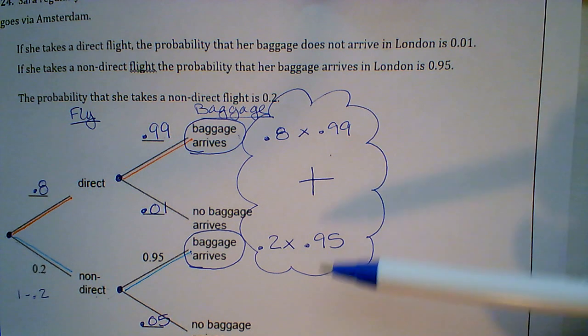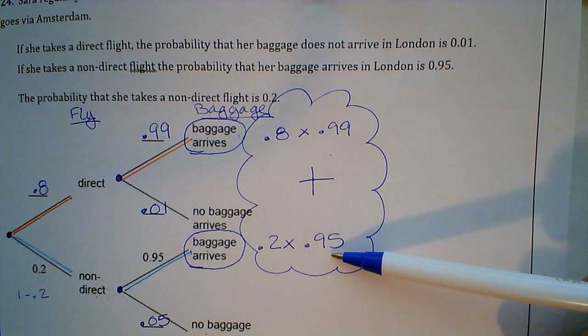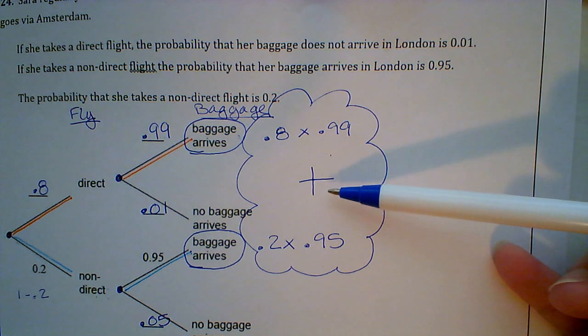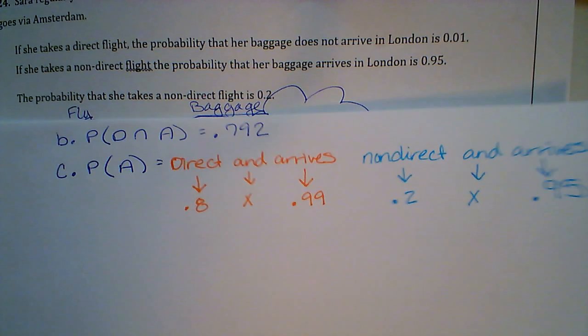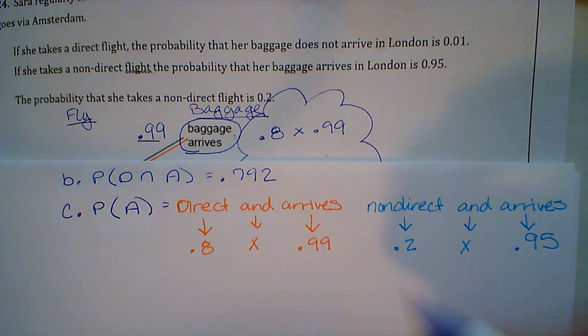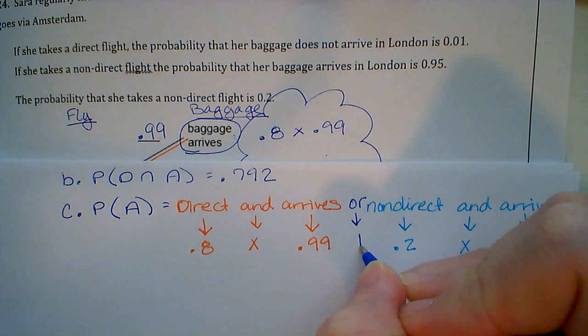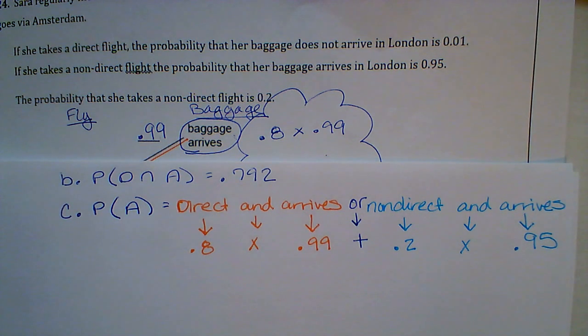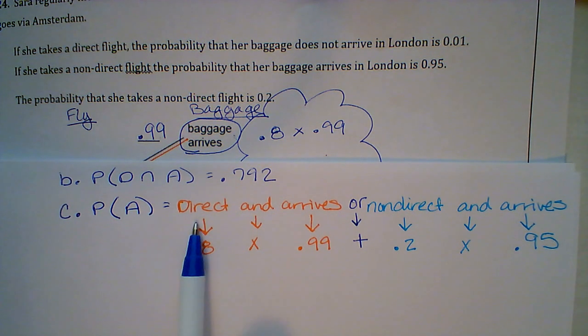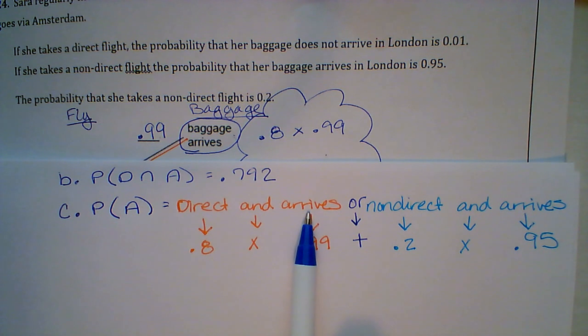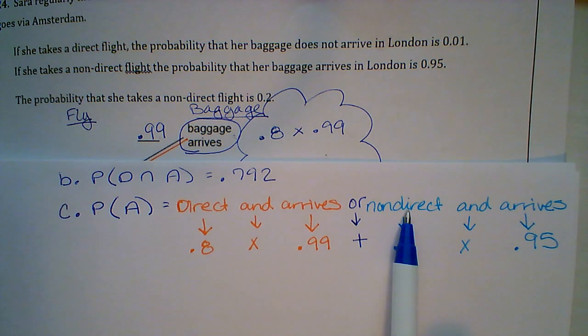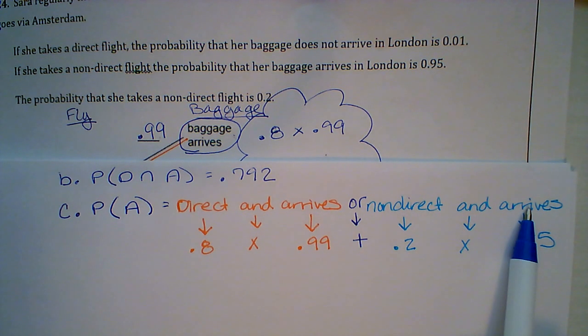So if you have multiple paths that you use, you're going to add those paths together. And in my writing here, I'm going to write the little word or right here, and or means add. So this is what this is going to look like. I can have direct and baggage arrives, or non-direct and baggage arrives.